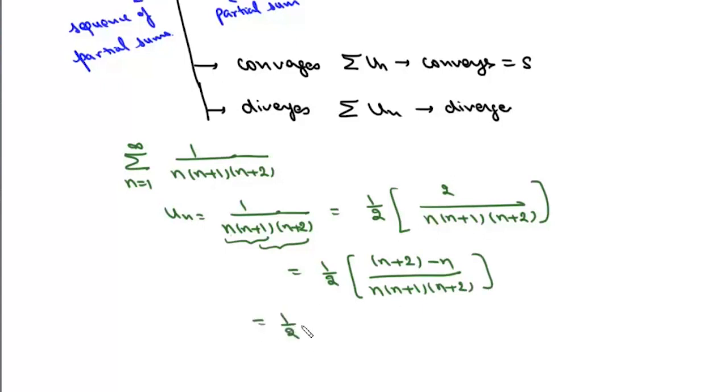Now we split it in two parts. Here n plus 2 will cancel, so it will be 1 upon n plus 1, and minus, here this n will cancel, and it will be 1 upon (n+1)(n+2). So that's our nth term for the sequence un.